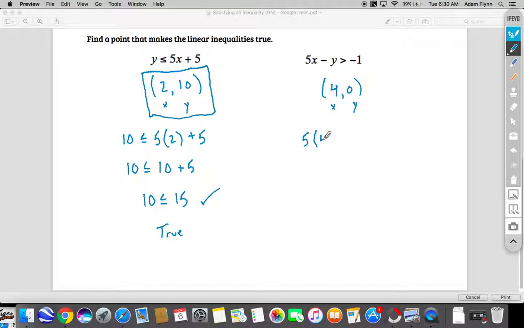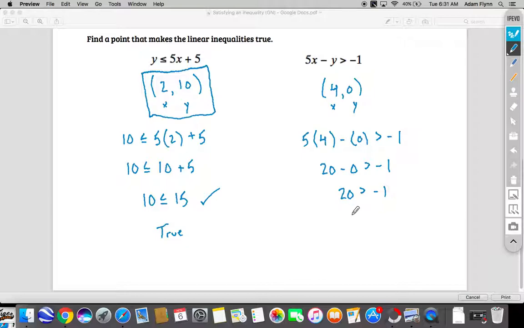So we get 5 times 4 minus 0 is greater than negative 1. 5 times 4 is 20, minus 0, and then I haven't touched this negative 1. So 20 minus 0 is going to be 20, and then negative 1 wasn't touched.